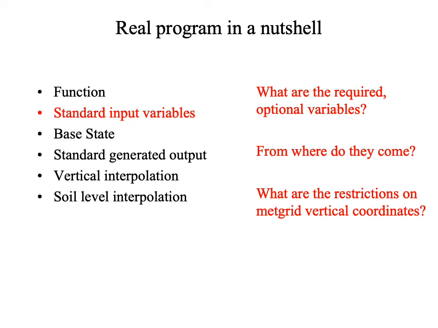Wind, temperature, moisture, pressure, the geopotential height at the surface and at various levels up through the top of the atmosphere as defined by the model are all required. Additional other variables are required too, such as the topography, the sea level pressure, surface pressure, and there are optional variables.